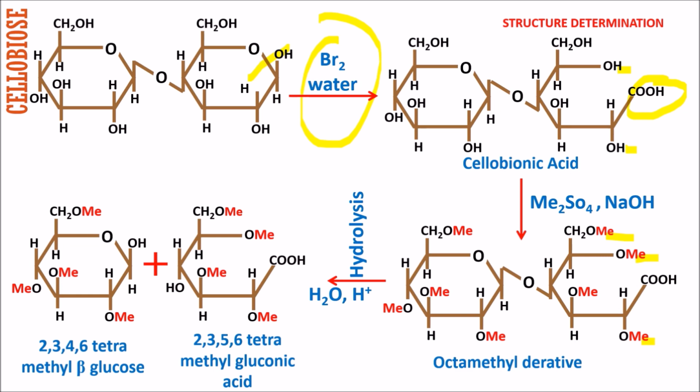So all the above arguments prove that in cellobiose, both the glucose structures have pyranose structure, that is a 6-membered ring containing oxygen, and carbon number 1 of the first glucose is attached to carbon number 4 of the second glucose with the beta linkage. Beta linkage is present in the cellobiose, while alpha linkage is present in maltose.